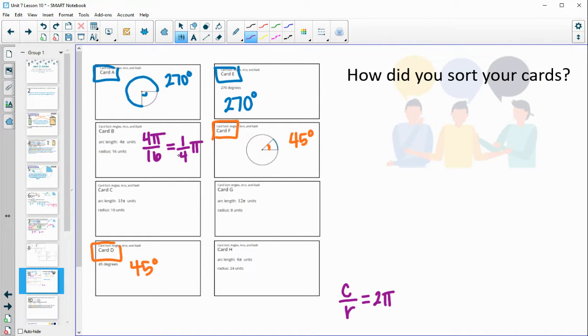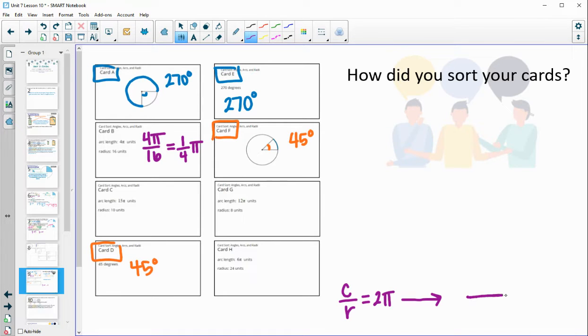And you know, these are central angles here. So I'm kind of wanting to think about, is 45 degrees the same as 1/4 of pi with this measurement? And so this 2 pi is my whole, my circumference divided by the radius.